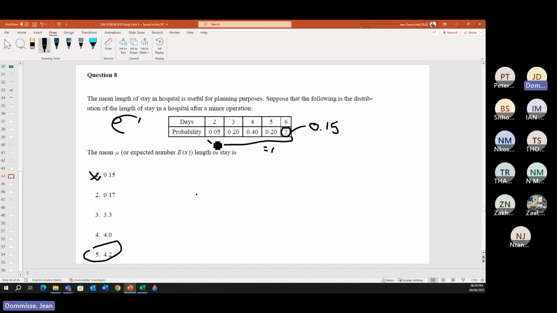What this basically means is there was nobody that had a minor operation that stayed for 0 days or for 1 day, so there were just no probabilities for those. Again, it could be that the sequence is suddenly 2, 3, 4, 5, 7.